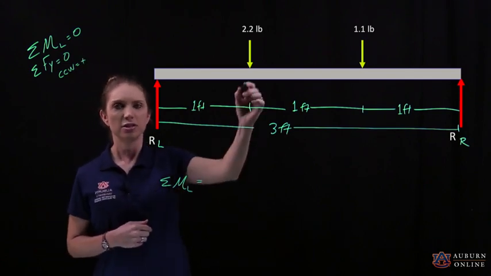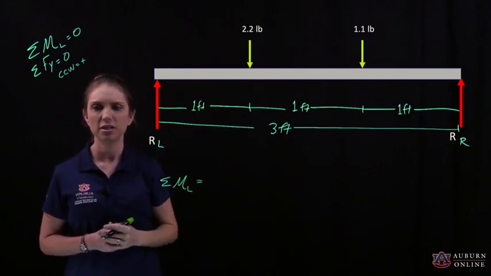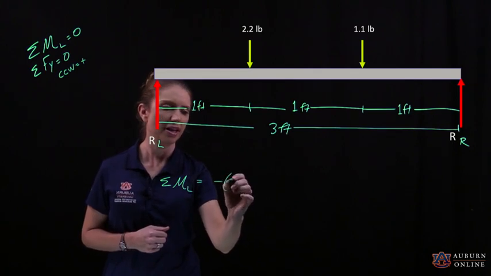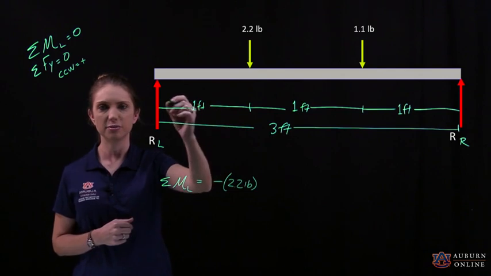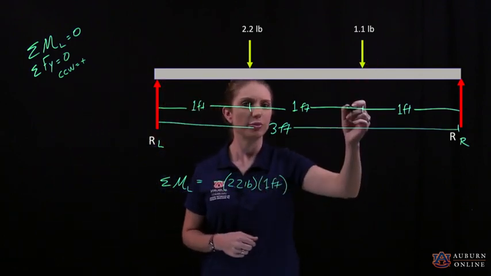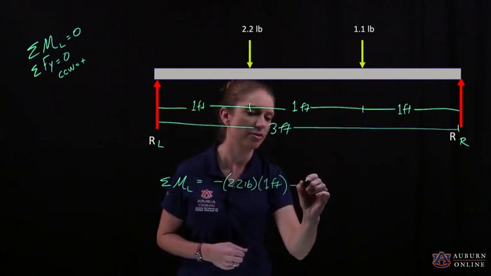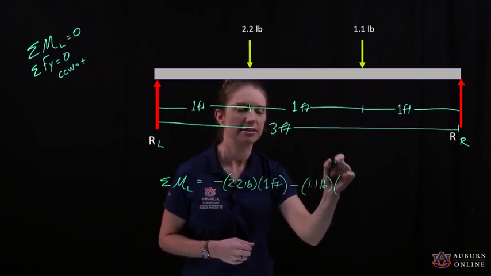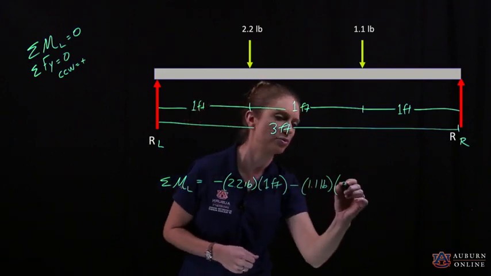So starting by taking the moments about the left-hand support, again, remembering that counterclockwise is positive, clockwise will be negative. We have a 2.2 pound load here, which will cause this beam to rotate clockwise, so this moment will be negative. And we have 2.2 pounds times the moment arm, or the distance between the force and the point, which is 1 foot. Our next load of 1.1 pounds will also cause a clockwise moment, so this will also be negative: 1.1 pounds times the moment arm, which will be 1 foot plus 1 foot, so 2 feet.